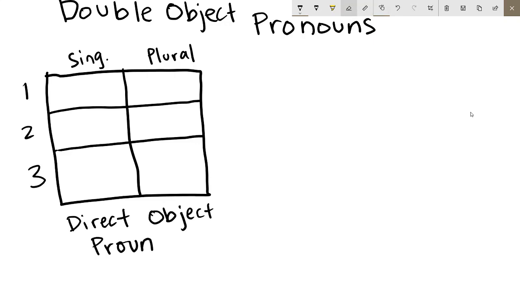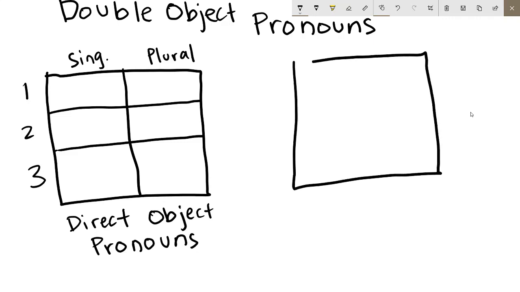Right? So this side with this grid, I'm going to use this for indirect object pronouns.